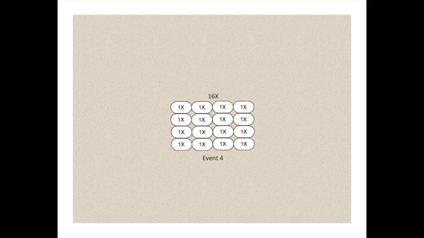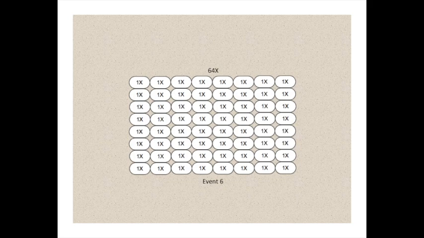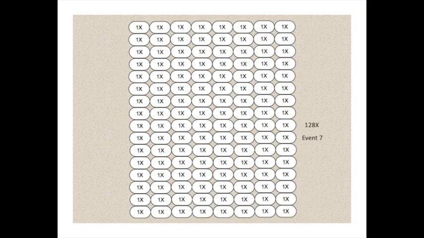We continue the process to get 16X chromosomes, then 32X chromosomes, 64X chromosomes, and 128 chromosomes. We could have continued, but we would have run out of space on the slide.